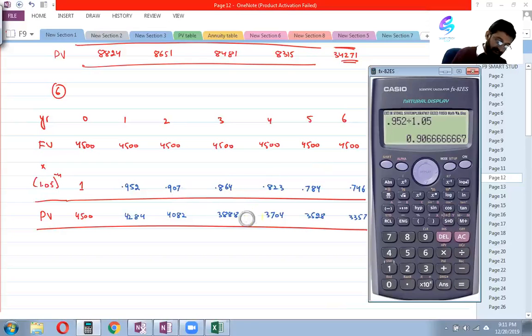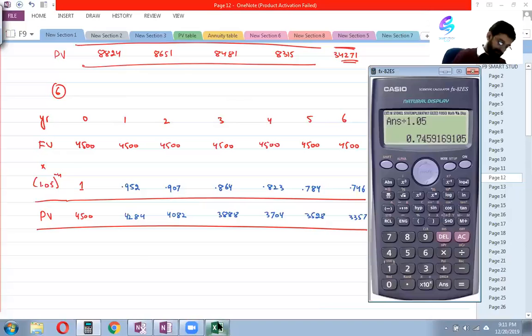Now this figure divided by 1 plus R will give you the next year's figure, and again this figure divided by 1 plus R, and the last one divided by 1 plus R will give you the next year's figure. So that's actually the shortcut.